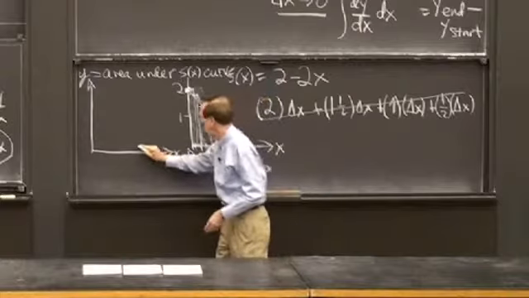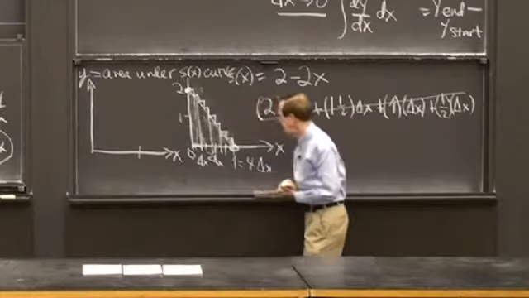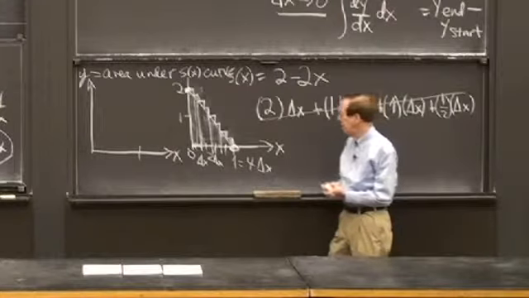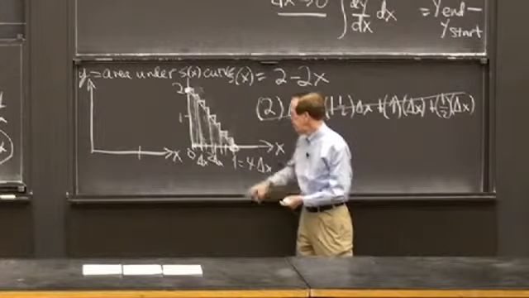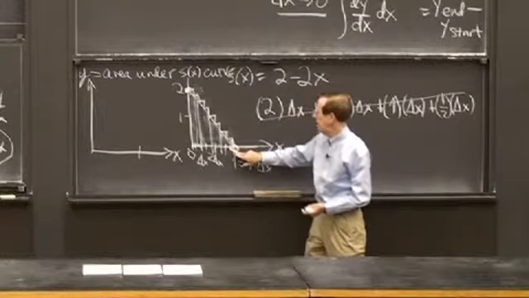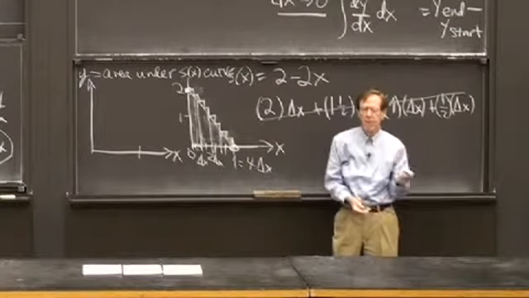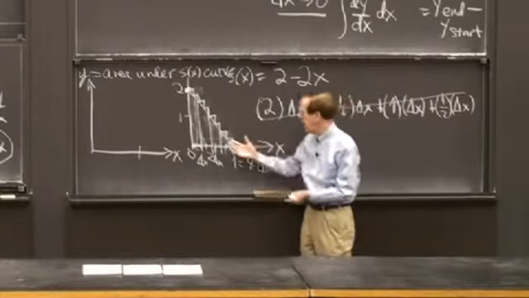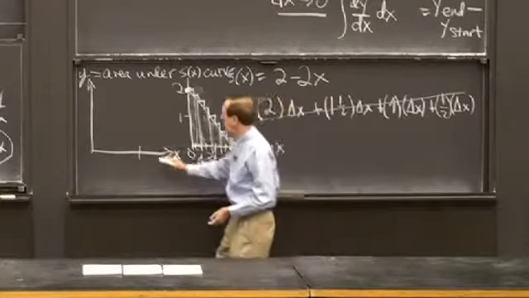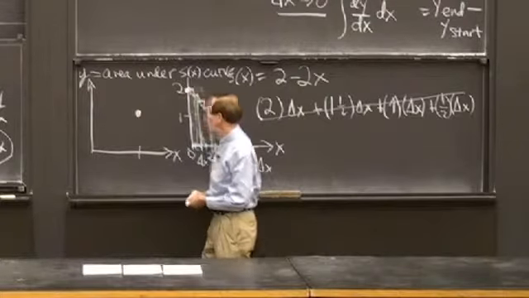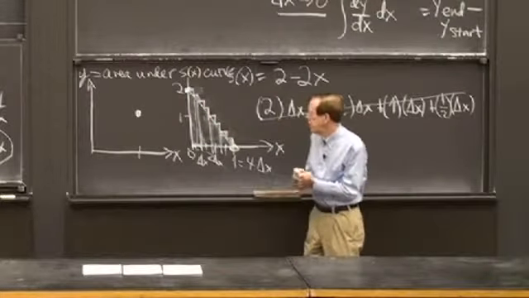Okay, so at x equal 1, what is it? What's the area out to 1? Well, we've got a triangle there. Its base is 1. Its height is 2. Area of a triangle is half the base times the height, so I have half times 1 times 2. I've got 1. The y at the end, the area at the end, is 1.